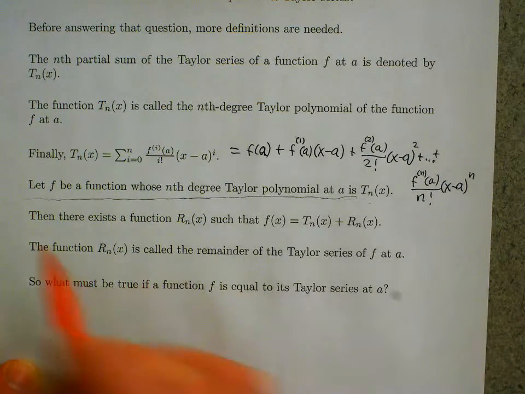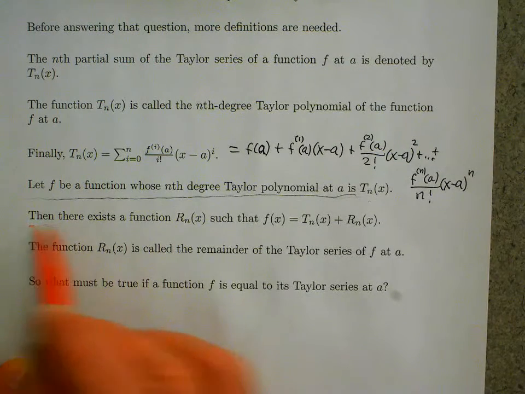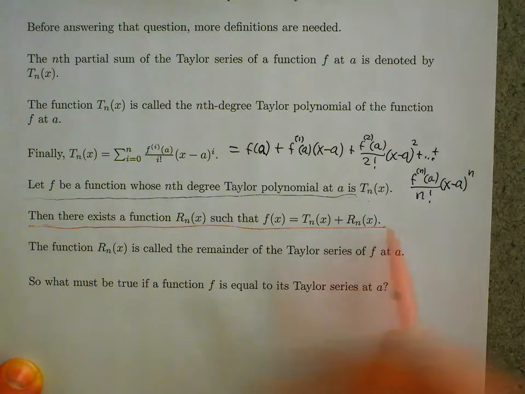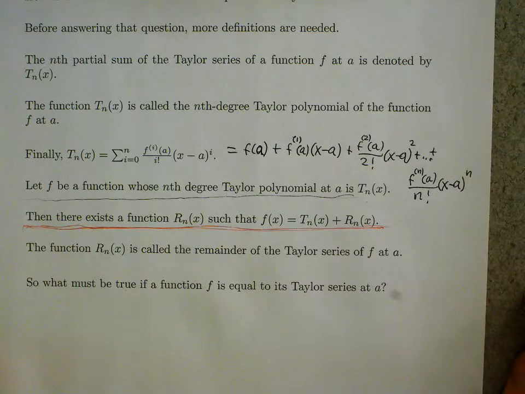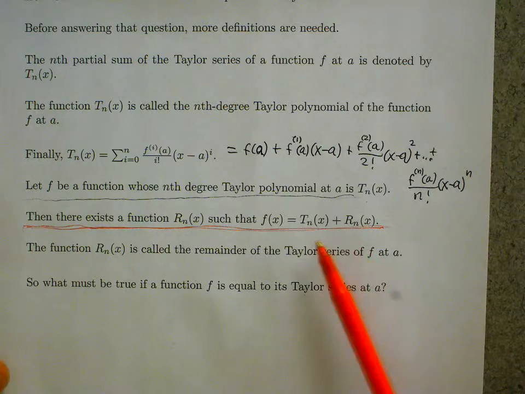So let's consider whether this statement is valid or not. What if a function f of x is not equal to its Taylor series? Then how could this possibly be true?